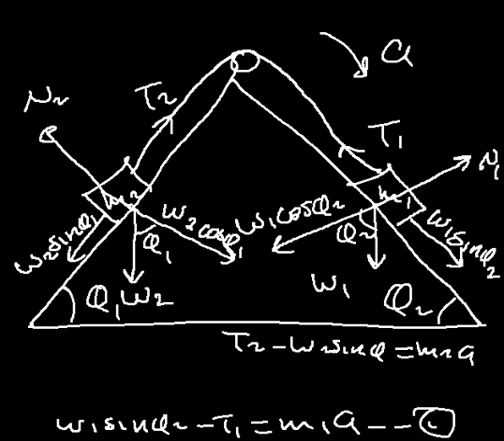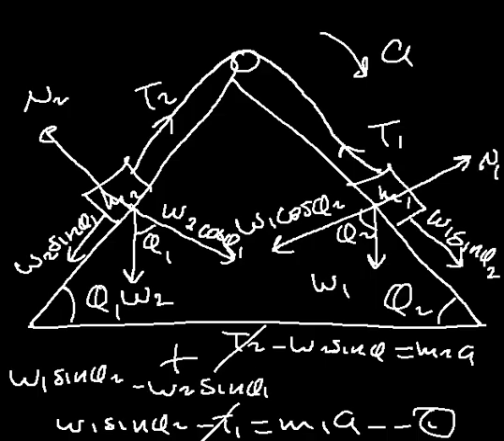Now if we add the two equations, the tension forces cancel. We will only have weight 1 sin theta 2 minus weight 2 sin theta 1 equals mass 2 times acceleration plus mass 1 times acceleration.